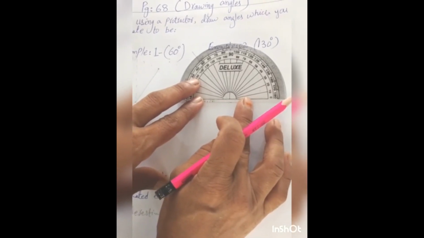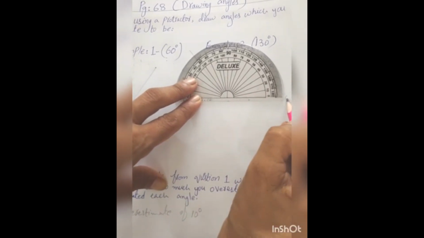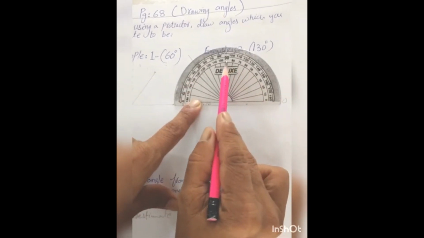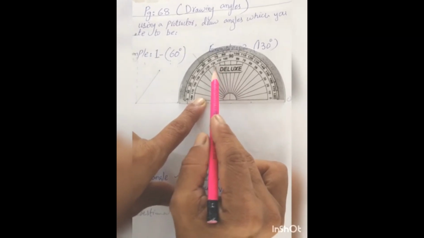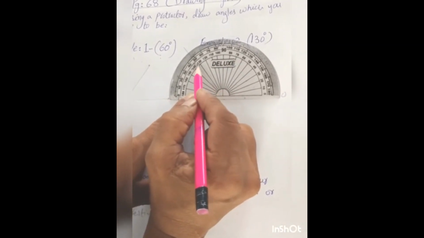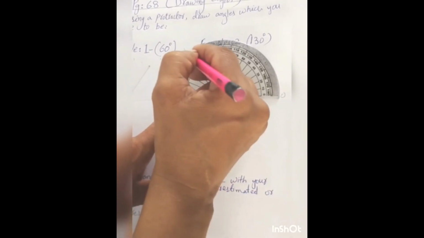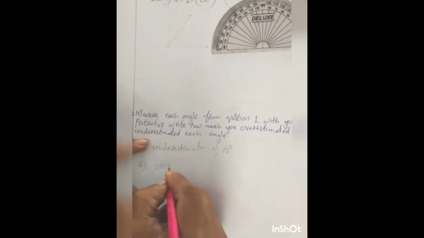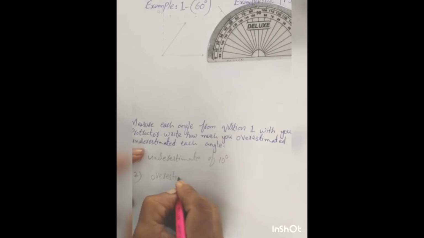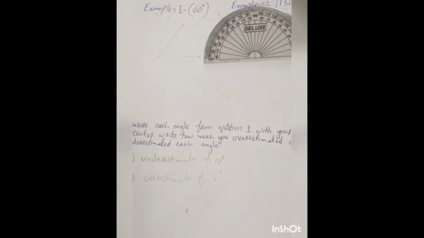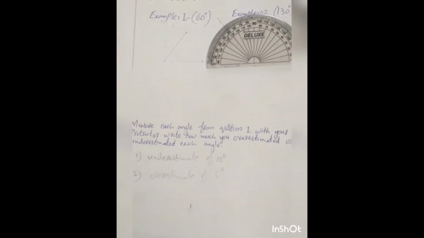Now we will write 0 here and start our counting from 0. 10, 20, 30, 40, 50, 60, 70, 80, 90, 100, 110, 120, 130, and the line is in the center of 130 and 140, which means it is 135 degrees. It means it is an overestimate of 5 degrees. Now complete your exercise in your copy.